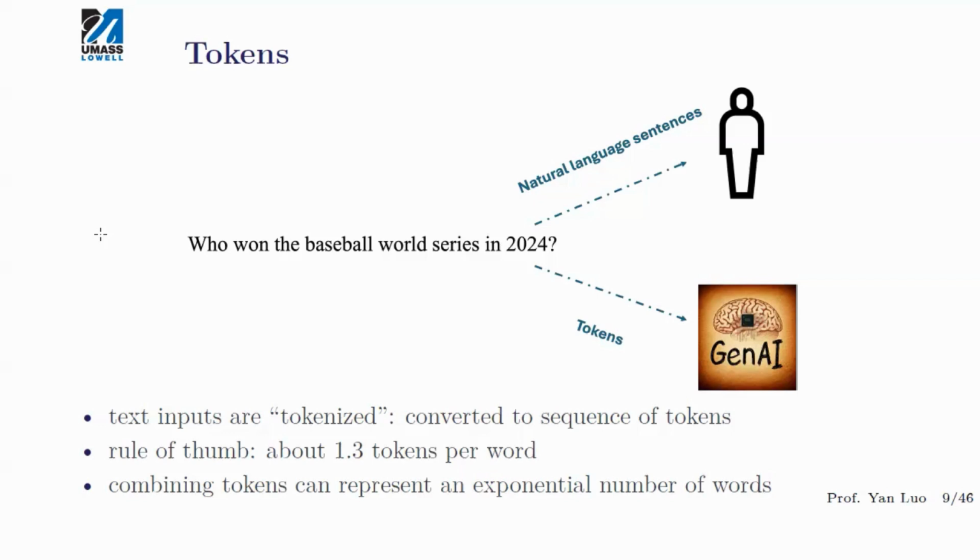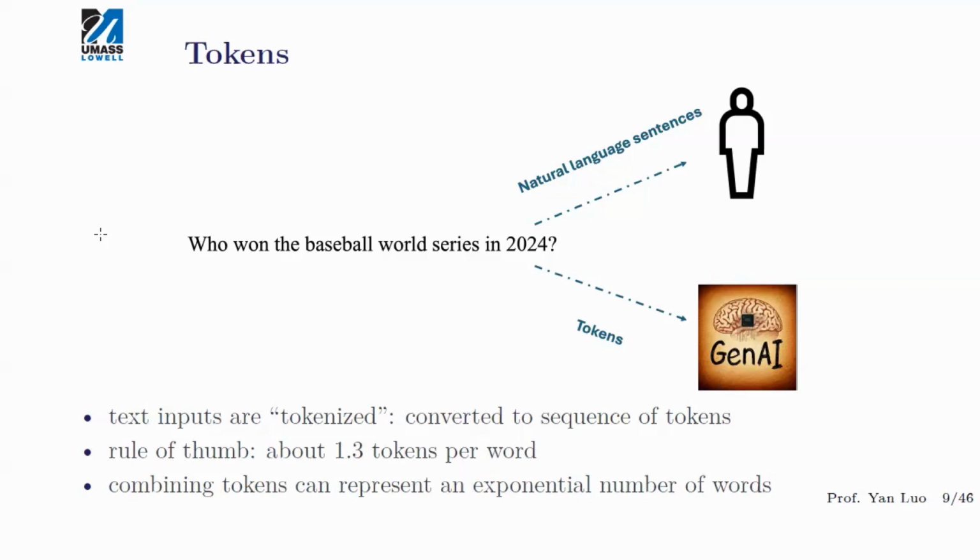On average, you are talking about 1.3 tokens per word. So tokens are a smaller unit than a word. That's the rule of thumb.